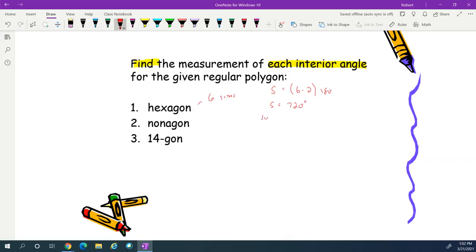This is the sum. We want 1. So we're going to take our 720 and divide by 6. The number of sides is equal to the number of angles. So 720 divided by 6. Each interior angle equals 120 degrees.